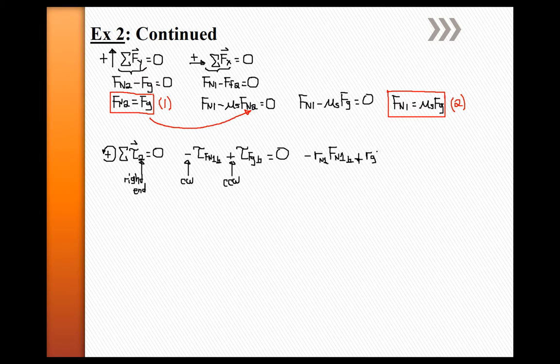We'll call that Rg. We're going to multiply that by Fg perpendicular, and that's going to be equal to 0.